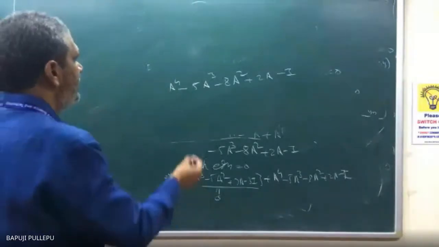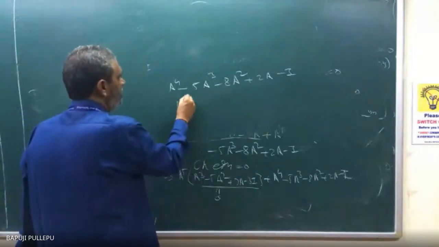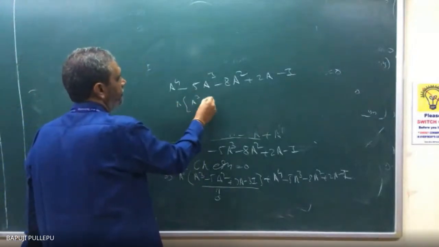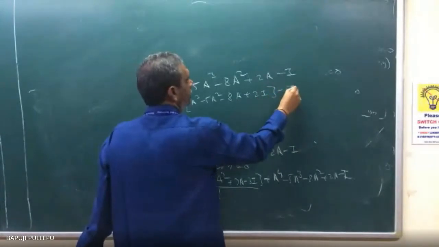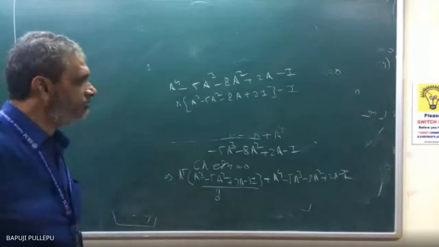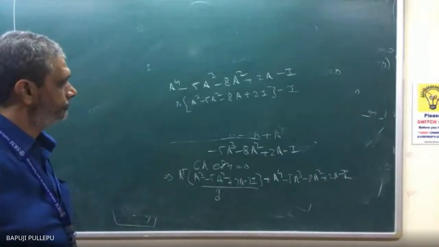Suppose if I take A common, what will I get? A cube minus 5A square minus 8A plus 2I minus I. But my characteristic equation is A cube minus 5A square plus 7A minus 3I.